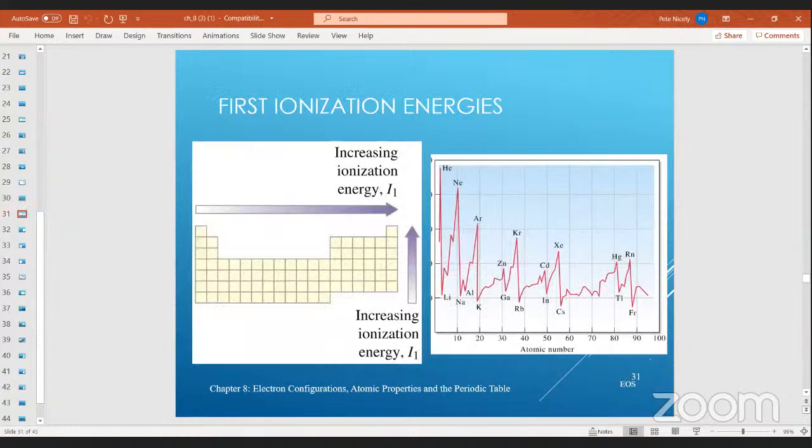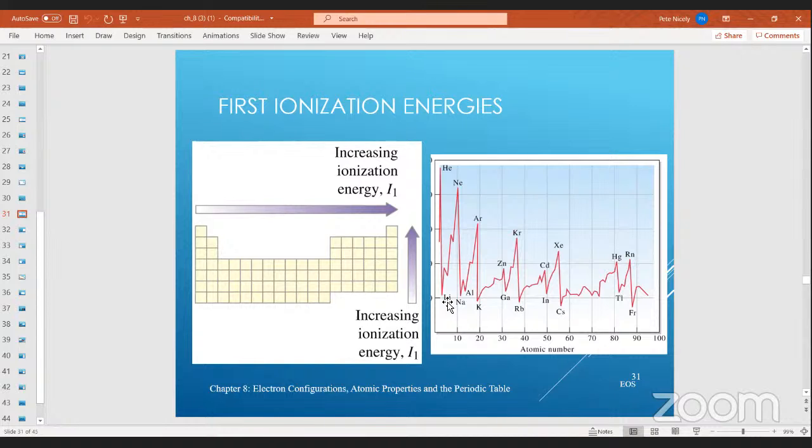Now, the last time we were here, we were talking about trends in ionization energy across a period and down a group. I may have made an error in describing what happens across a period, so I'm going to start from there and move forward. The general trend is that as you go from left to right of any period, the ionization energy increases.